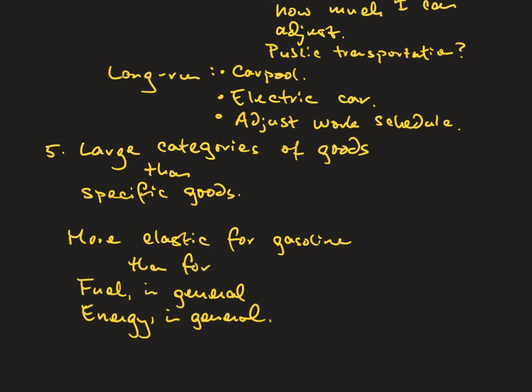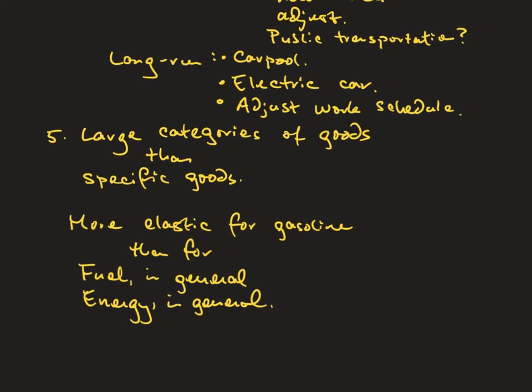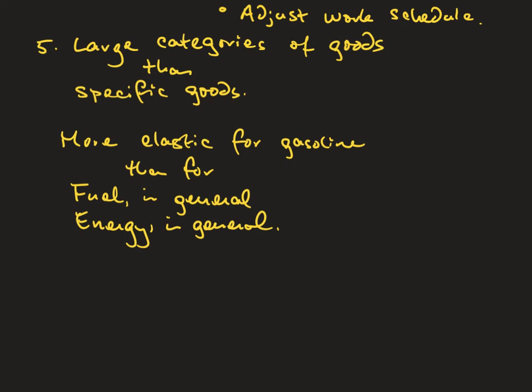For one specific type of good, I could change my consumption of that good, but a lot of that will just be substituting something else in the same general category. So I might consume less gasoline, but instead I am purchasing diesel or electric energy or some other form of energy for my vehicle. For my house, I have different options for how to warm it. I can use propane heat, wood heat, or electric heat.